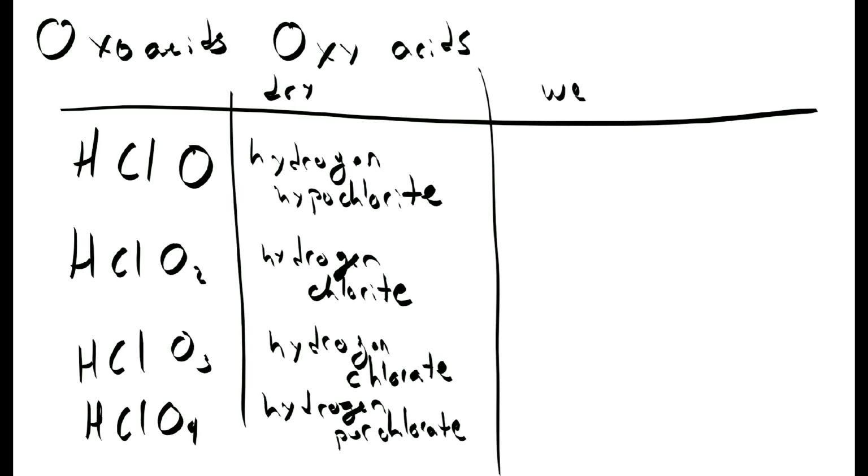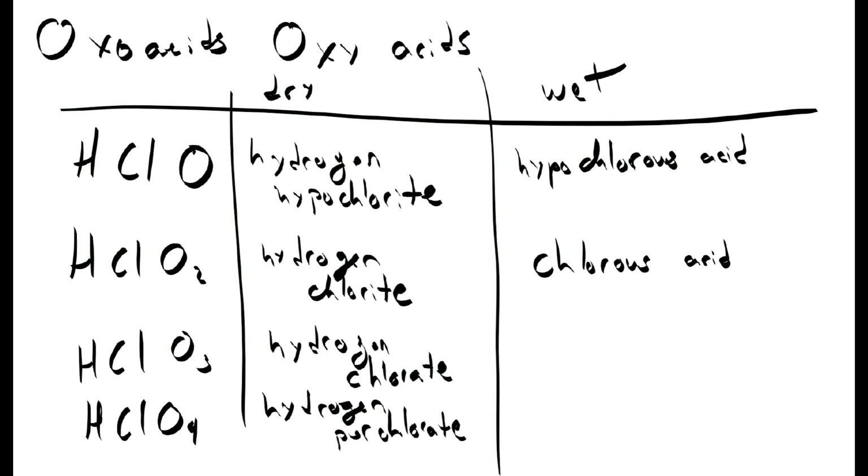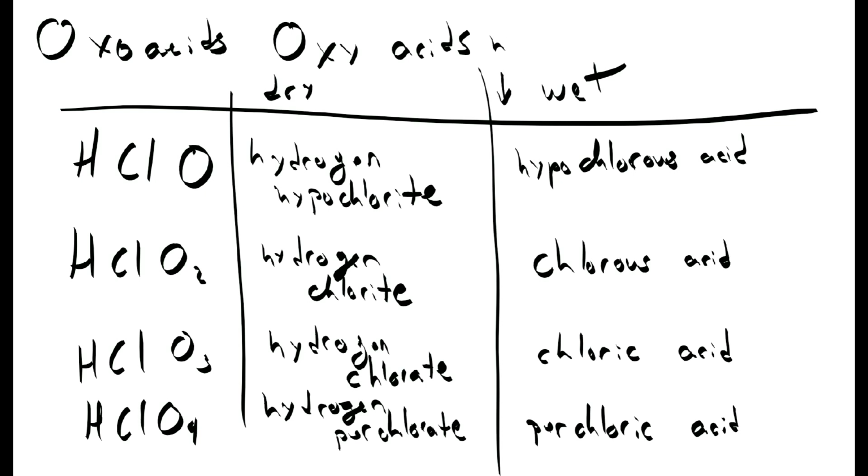Next up, we have when they're dissolved in water. Hypochlorous acid, chlorous acid, chloric acid, and perchloric acid. So first off, notice the complete absence of hydro.